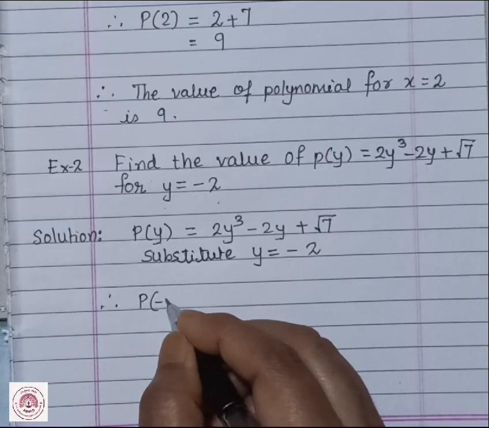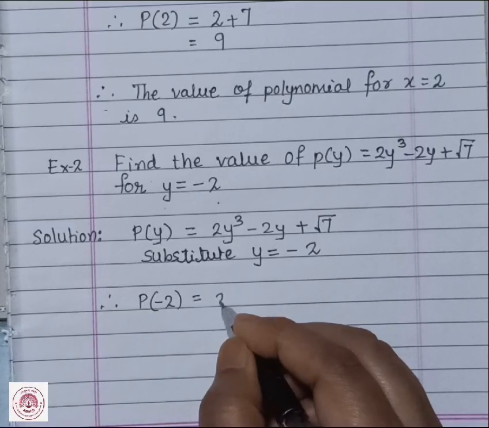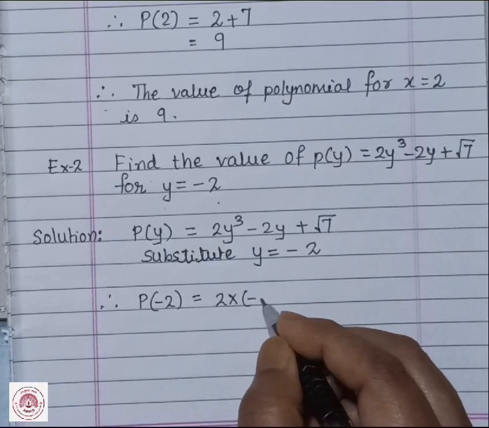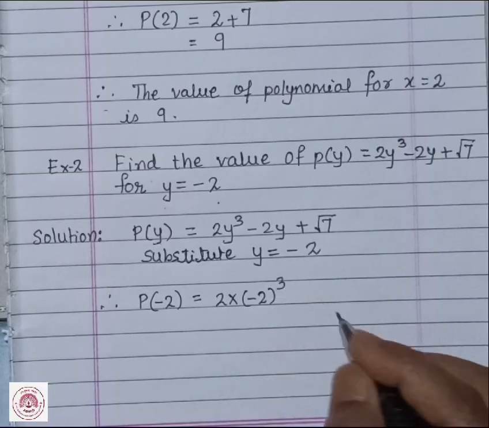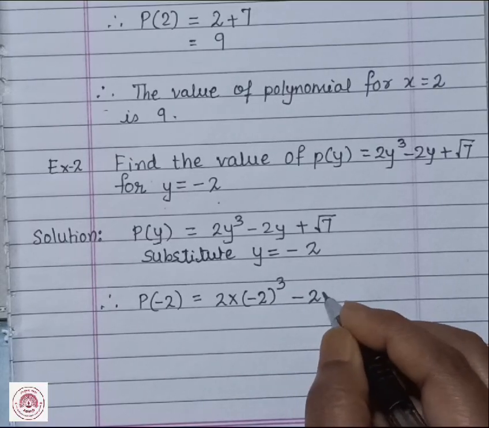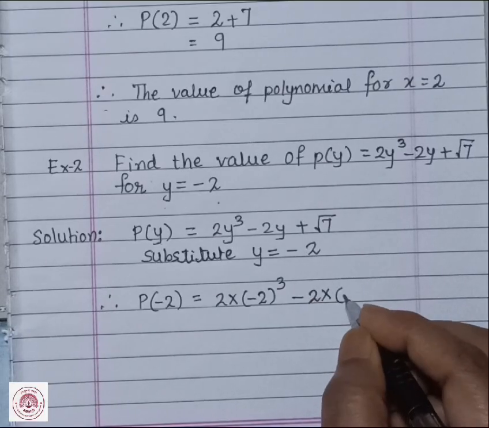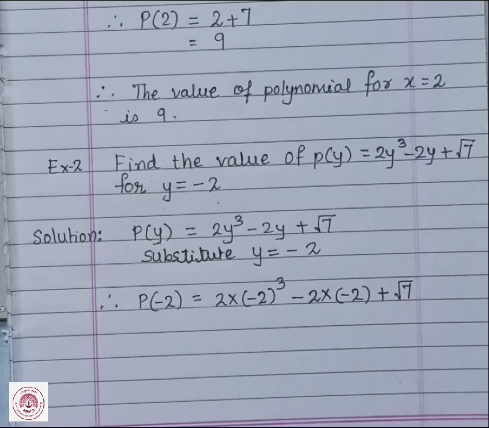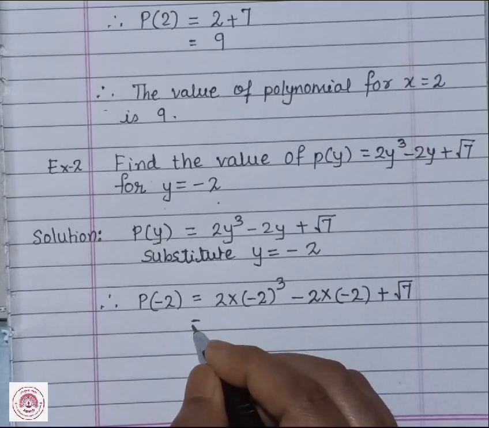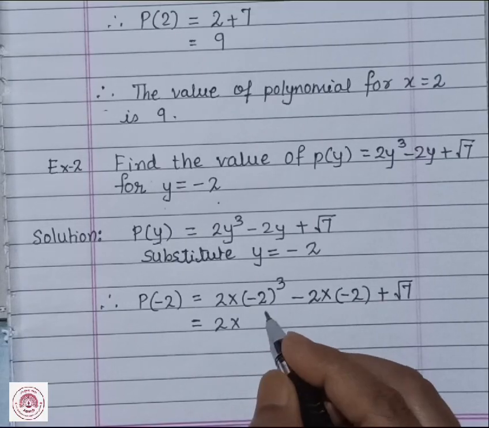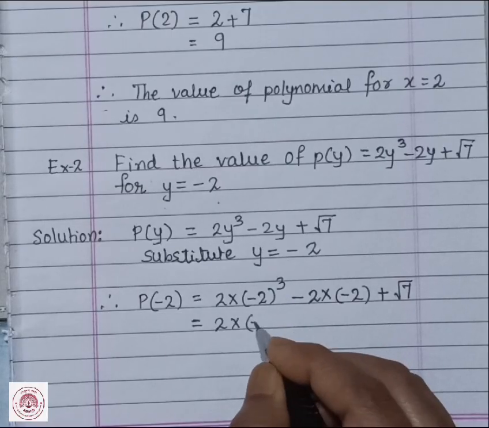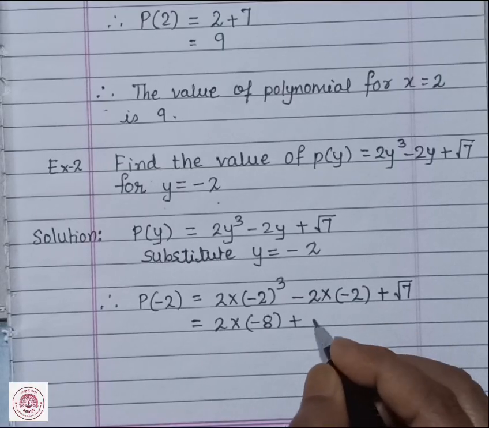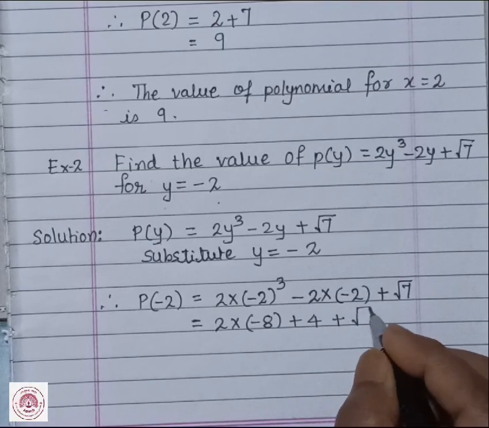So p of negative 2 equals 2 multiplied by y cube, so y will be replaced by negative 2: negative 2 cube, minus again 2 multiplied by y, which is again negative 2, then plus root 7. Okay. So this is equal to 2 multiplied by negative 2 cube, which is negative 8, then negative 2 multiplied by negative 2 is positive 4, then plus root 7.